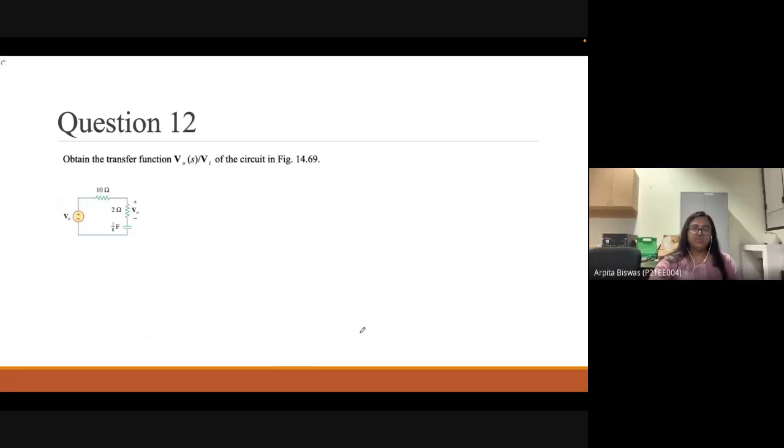So this is question 12. Obtain the transfer function V output by V input of the circuit in the figure.